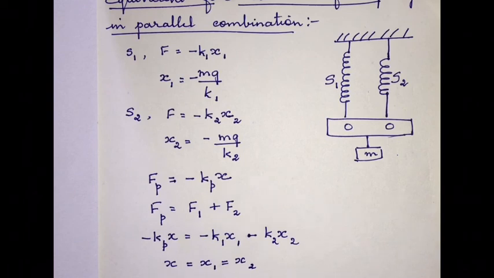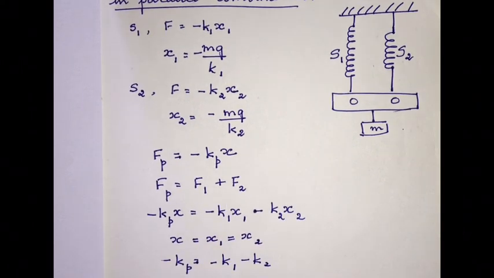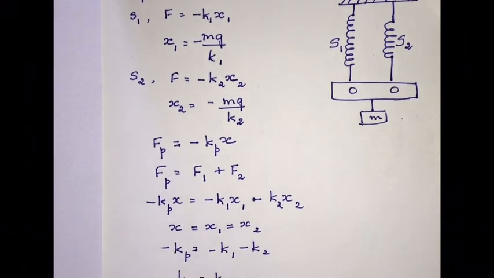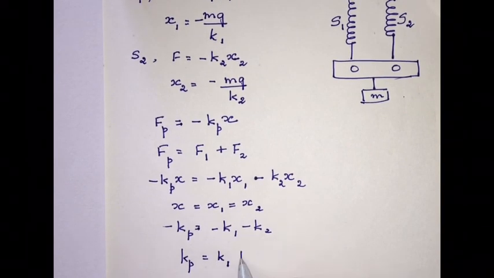Each of these springs gets extended by the same amount. So the total extension x will be equal to x1 and equal to x2. So the equation changes as minus Kp is equal to minus K1 minus K2, or Kp is equal to K1 plus K2.